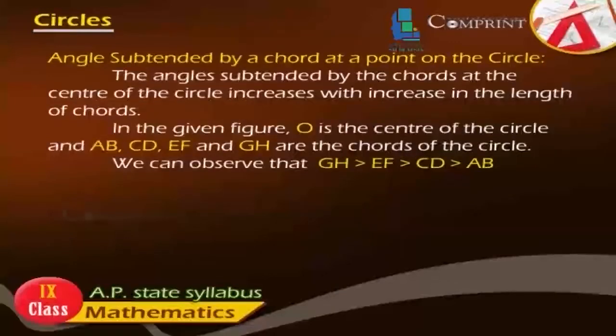Angle subtended by a chord at a point on the circle. The angle subtended by the chord at the center of the circle increases with increase in the length of chords.